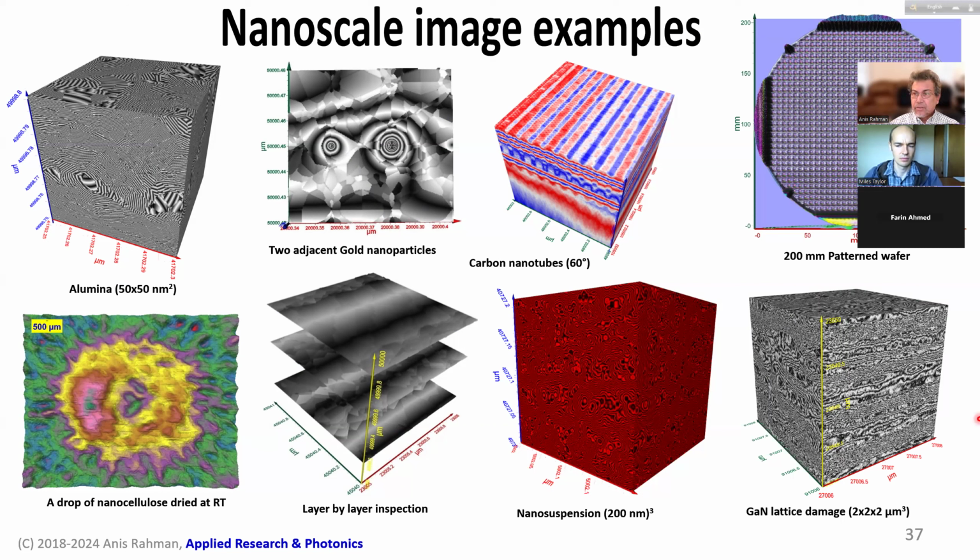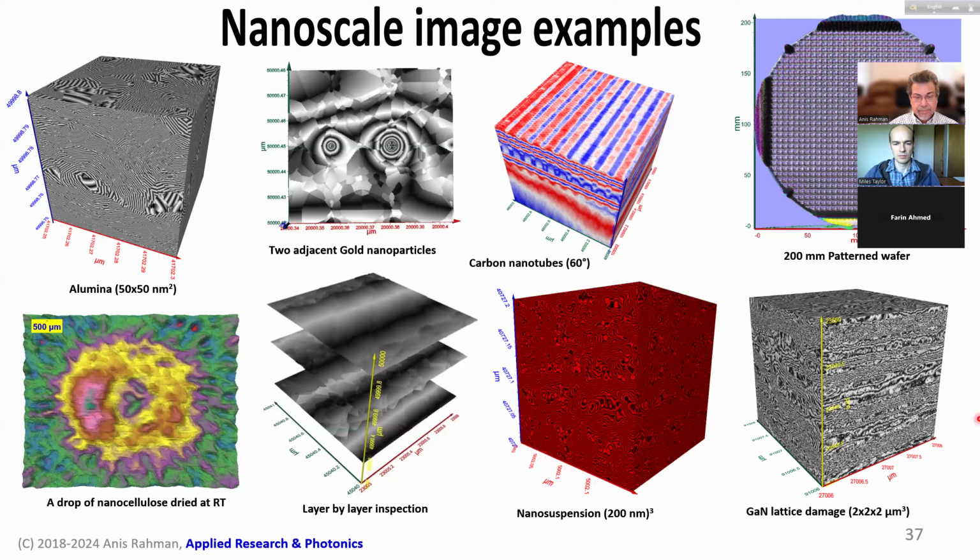The upper right corner is the 200 millimeter patterned wafer that has all those dies. Those dies are cut, separated, electrodes attached, and then they become a chip, packaged, and then they become a chip. The lower left corner is a drop of nanocellulose dried at room temperature.